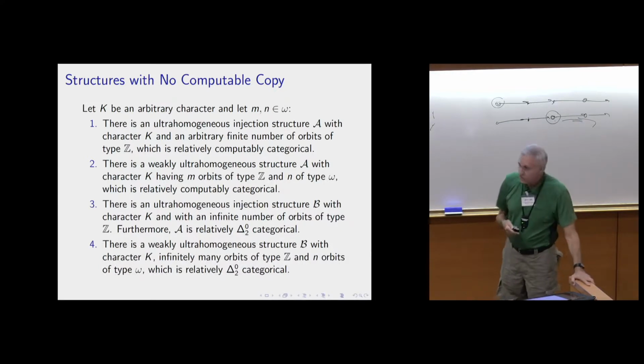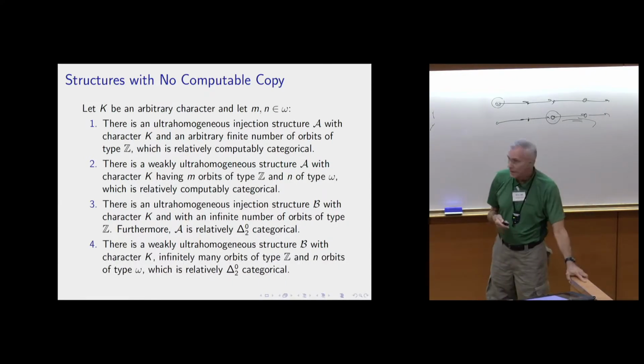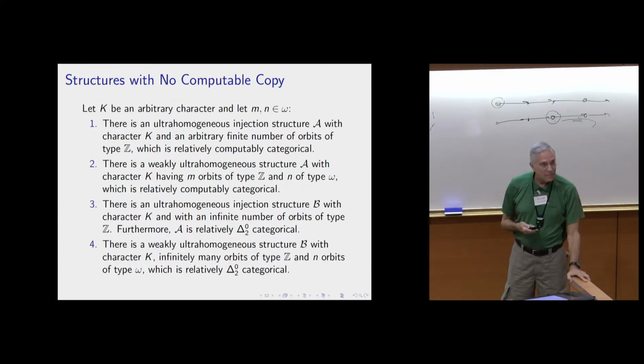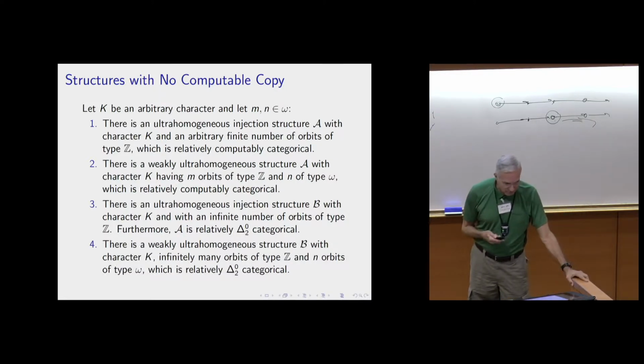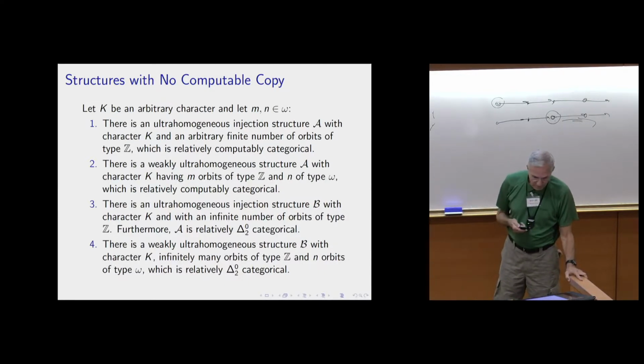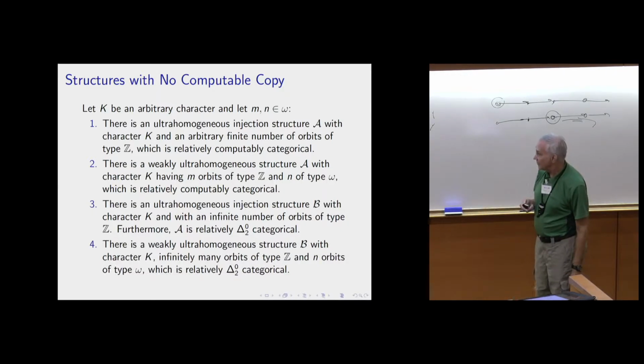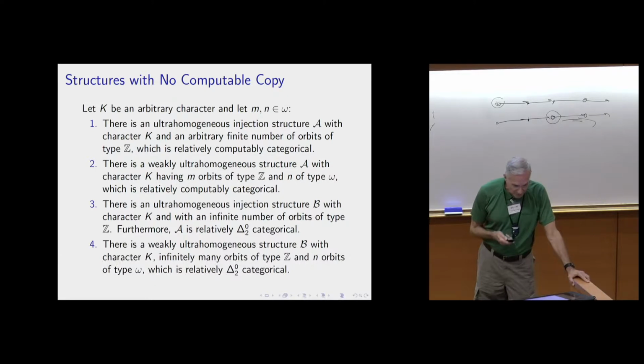In the case of these injection structures, because the finite orbits don't matter, you could have an arbitrary collection of finite orbits of various sizes that doesn't have to be computable. These would still be ultrahomogeneous. So that means that we certainly have plenty of non-computable examples.